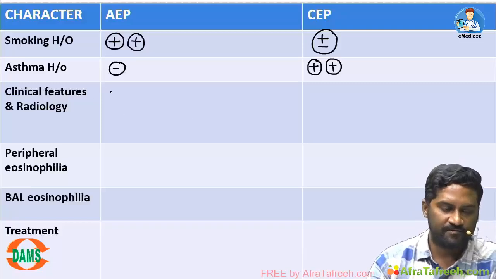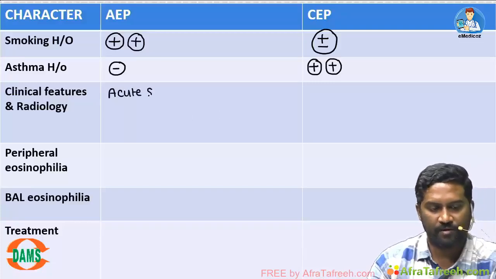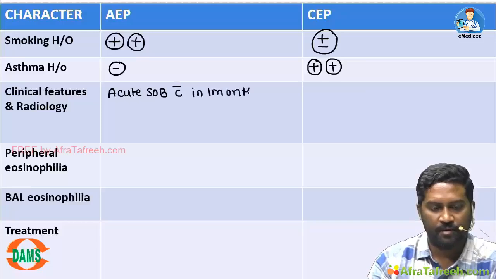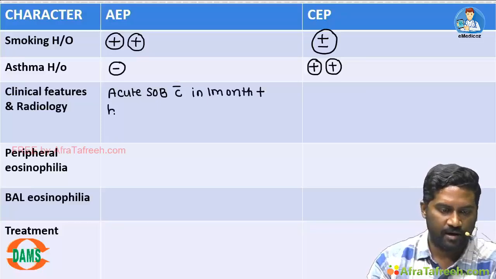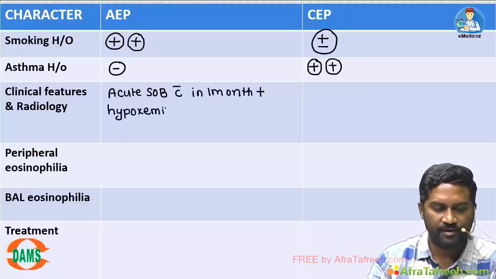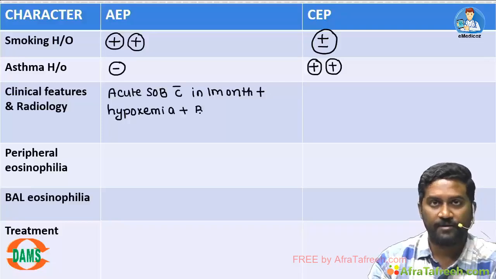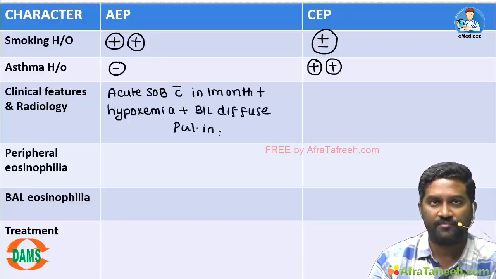Coming to the clinical features, patient will have acute shortness of breath within 1 month. Along with that, hypoxemia, and if you take a chest X-ray, there will be bilateral diffuse pulmonary infiltrates.